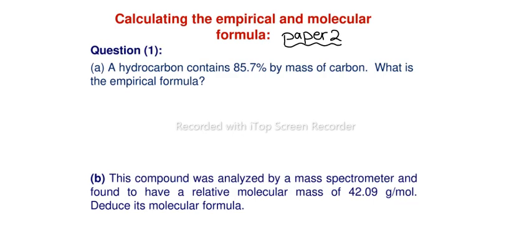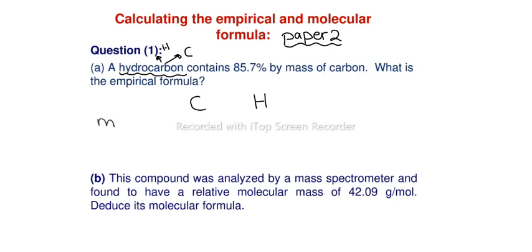Anytime you want to determine the empirical formula, you've got some steps. They are so easy steps. If you follow them, you will definitely find the final answer. The first thing is to write down the elements present inside your compound. So since it is a hydrocarbon, definitely it is made of carbon and hydrogen. I'm going to put the two elements beside each other.